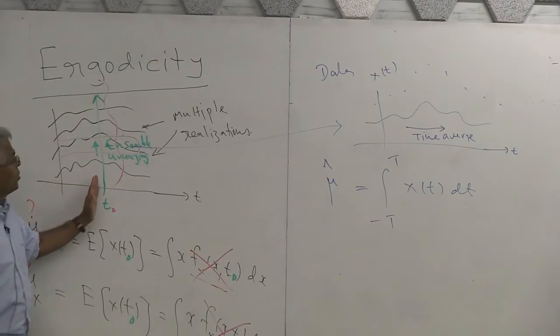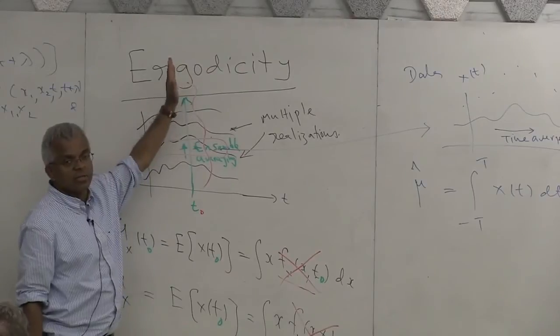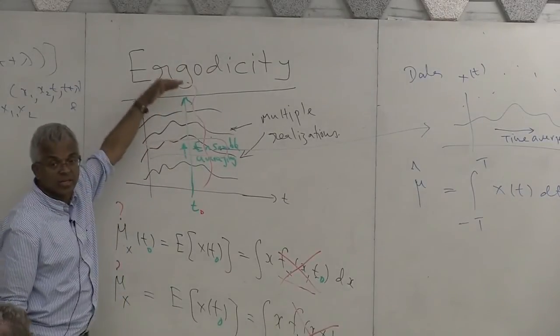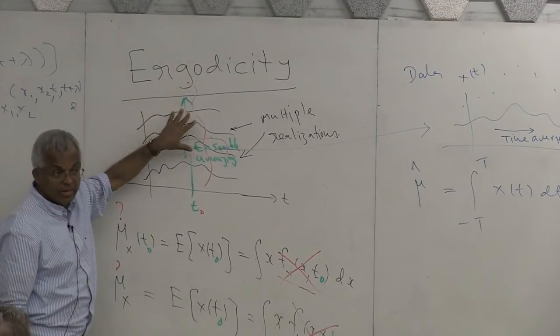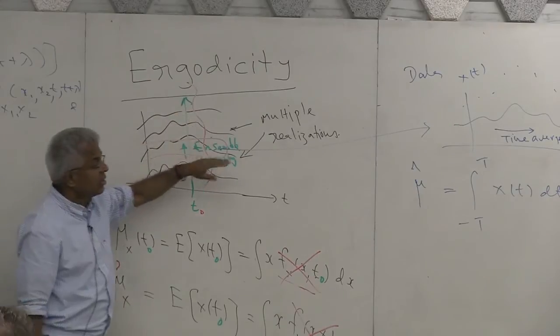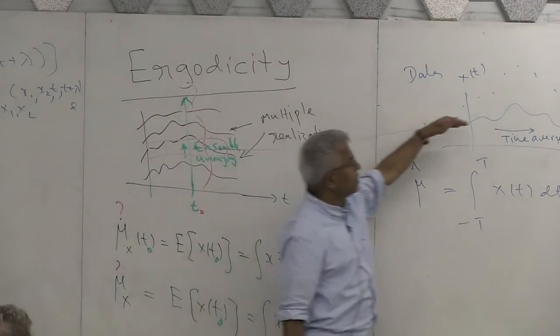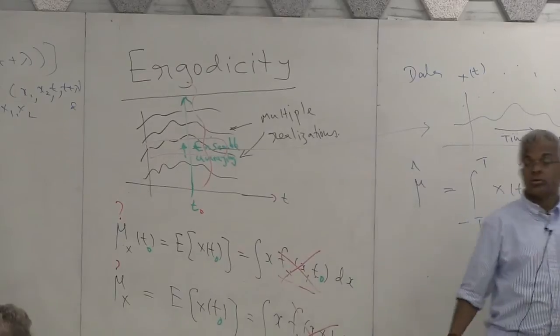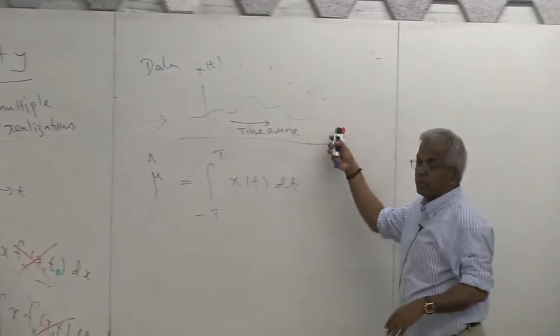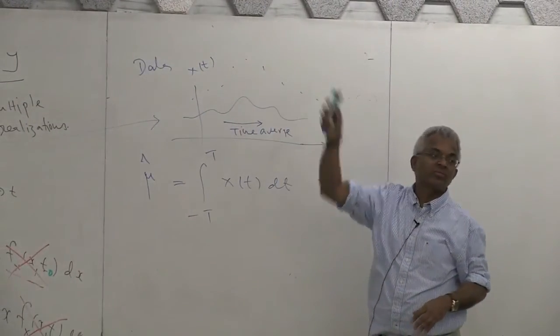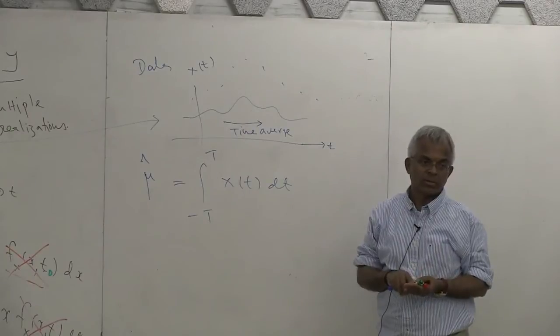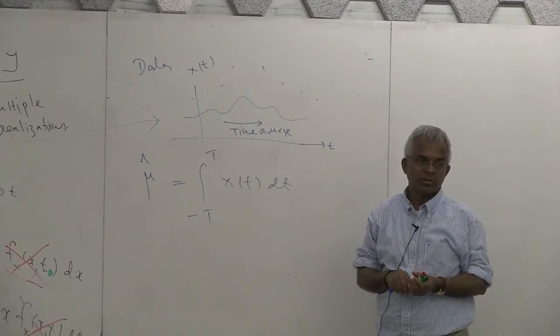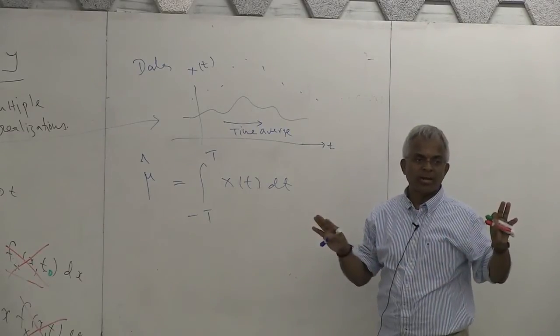We really should be doing the average in this direction, which is over various realizations. But this is impractical because we don't have the data. What we have is one realization. So the question is, can I do a time average to replace an ensemble average? Completely different things.